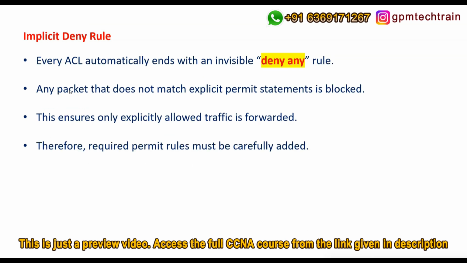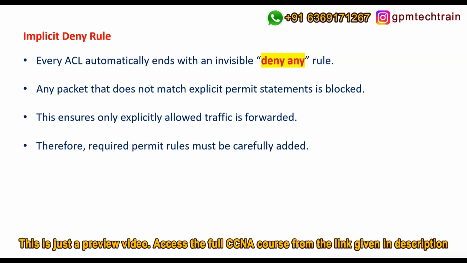Then the implicit deny rule. I think I already mentioned it. Whenever you configure any ACL, by default an implicit deny rule is added as a hidden condition. Whenever traffic comes in and matches the ACL, whatever action is assigned to that match will be performed.